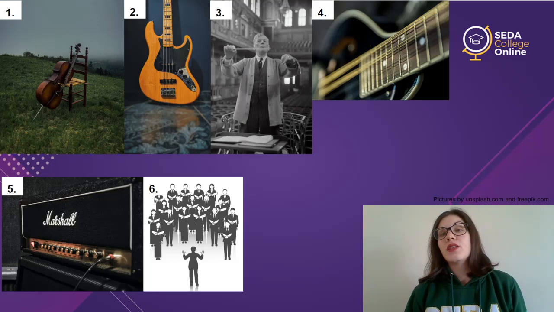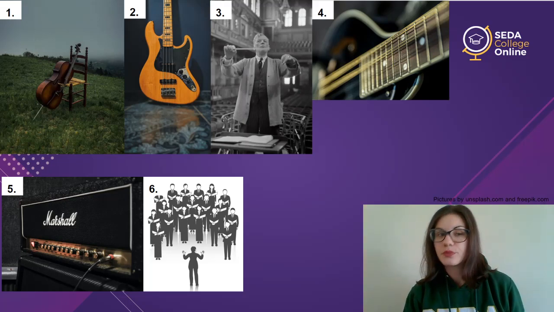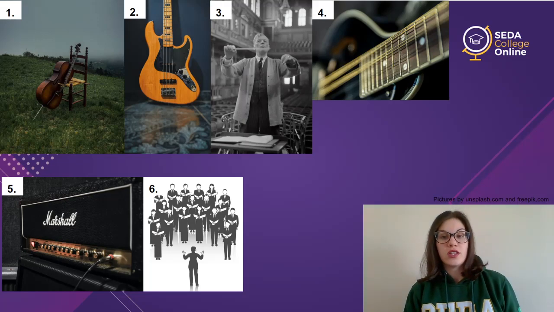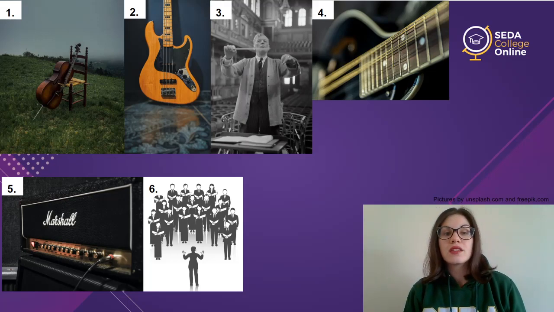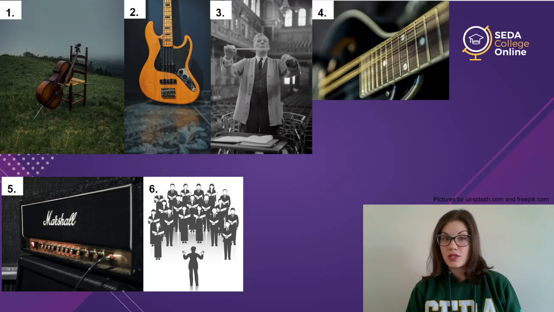And don't worry though, if you are not sure about something, what I'm going to do next is I'm going to give you a list of words, the 6 words that we need here, and you can match them in case you don't know something, alright?